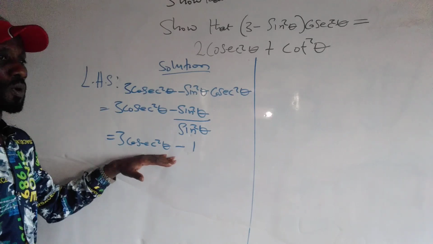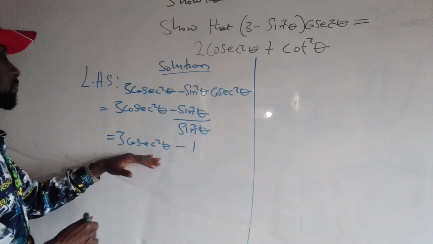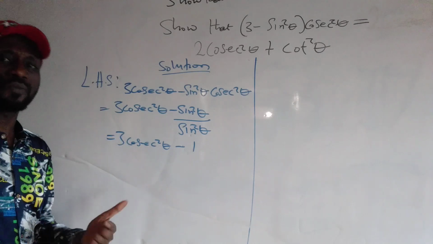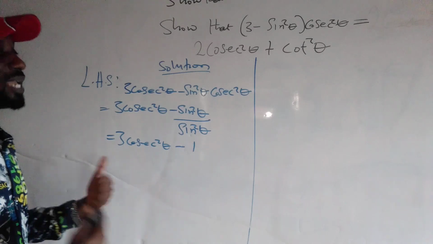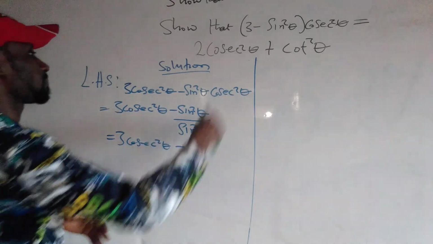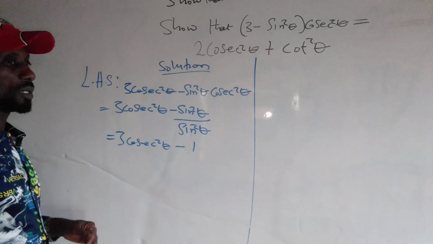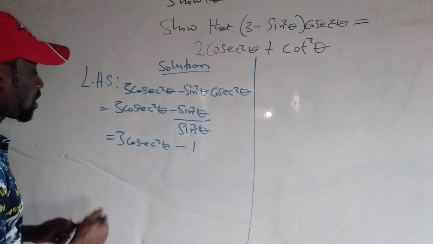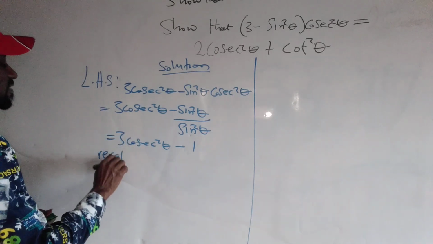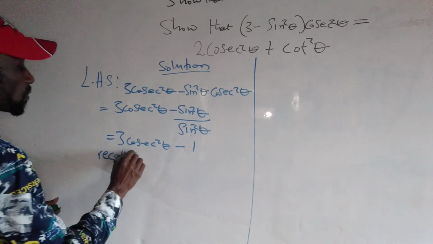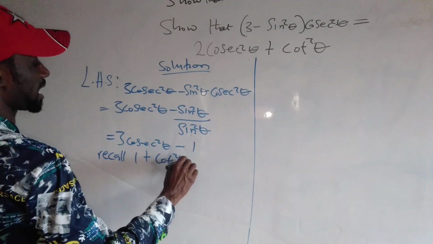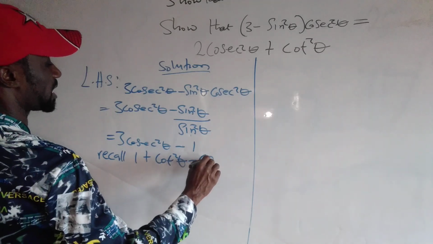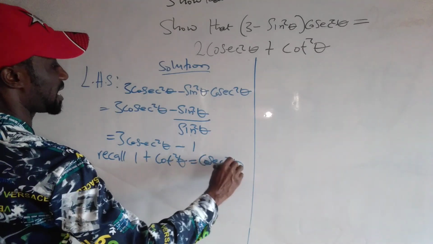Now we got to this point by looking at this expression. We are also looking for a way to eliminate 1 and make sure we introduce an identity that will aid us to introduce cot. Now, we recall the identity. Remember, in one of our videos, we proved the identity that 1 plus cot square theta is equal to cosec square theta.